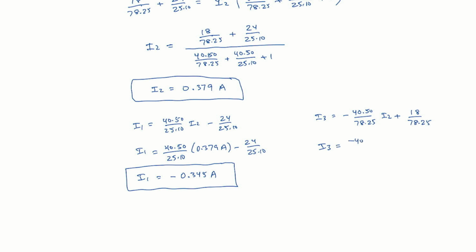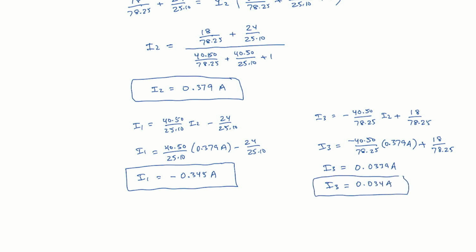I3 is minus 40.50 over 78.25 times 0.379 amps plus the 18 over 78.25. I3 works out to be 0.0339 amps, and we will call it 0.034 amps, because there's an easier way to find I3, right?